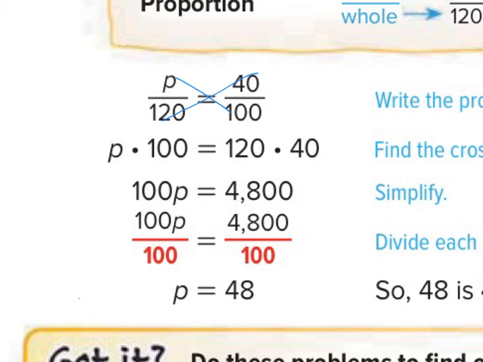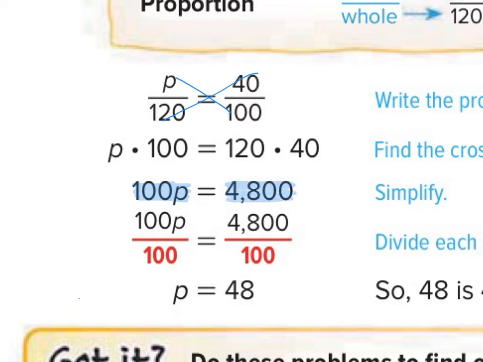So that's what they're doing here. If you take P times 100 and 120 times 40, that will give you the cross products. So P times 100 is 100P. And 120 times 40 is 4,800.